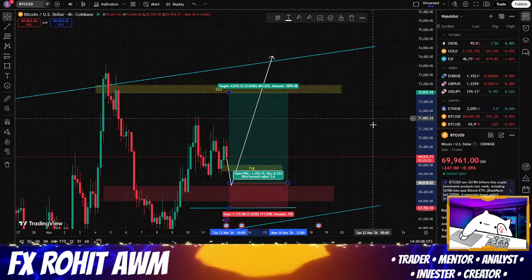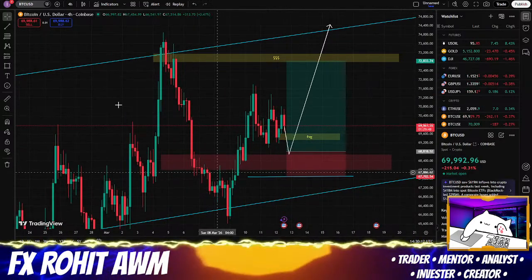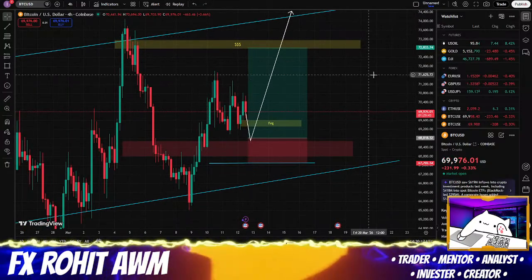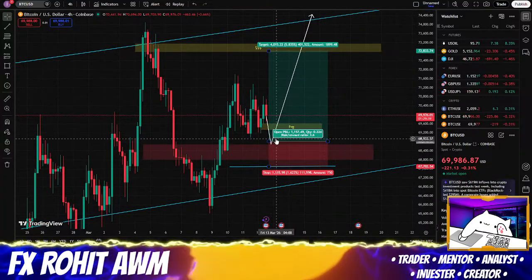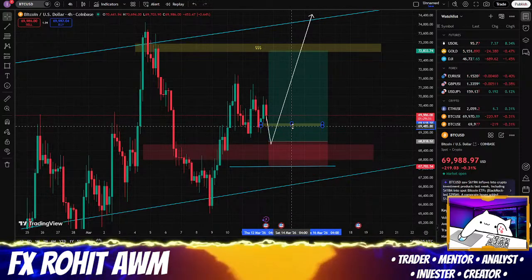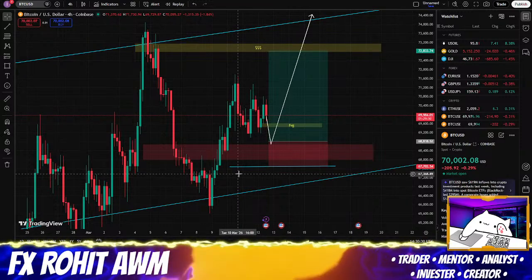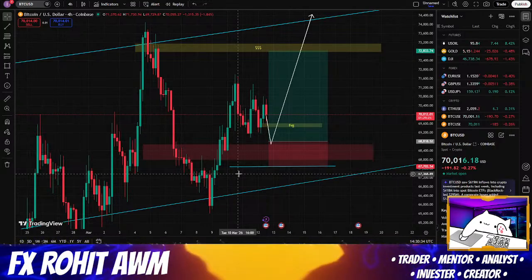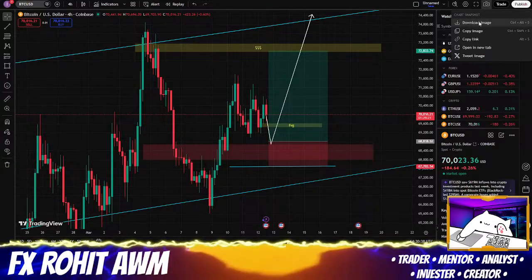Around 1 to 3.5 RR, that is really good. So this trade might be fulfilled. First of all, I take a snapshot. So that's our analysis for BTC.